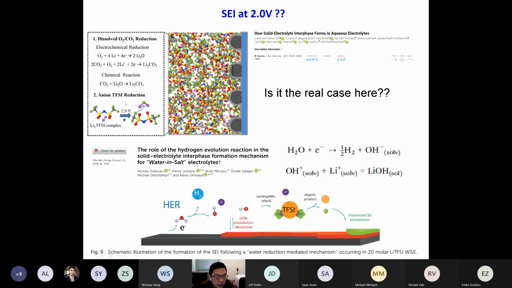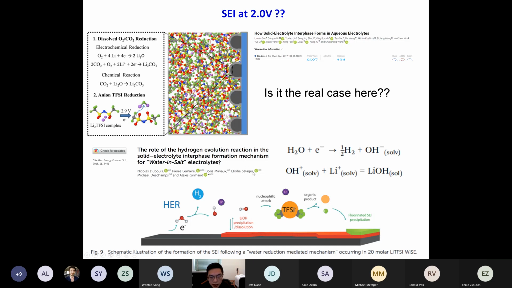And another thing is, it's very hard to believe that the triflate anion can be decomposed, not to mention at 2.9, even at 2 volt. So after that, we dug into it more. And another French group, in the meantime, also published a paper claiming the same theory as us.